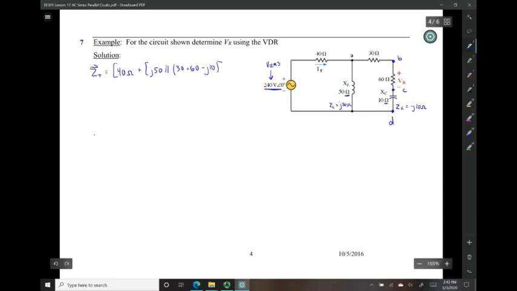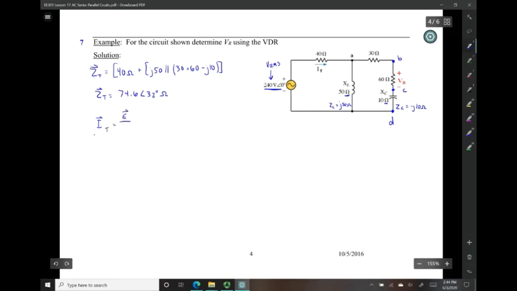Once I calculate all that, I'll get a ZT equal to 74.6 ohms with a phase angle of 32 degrees. Okay, so my next step will be to find IT using Ohm's law.